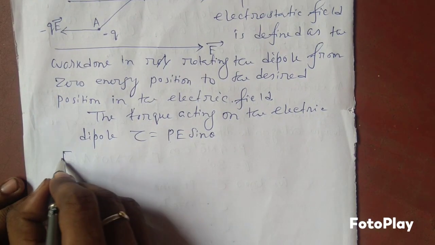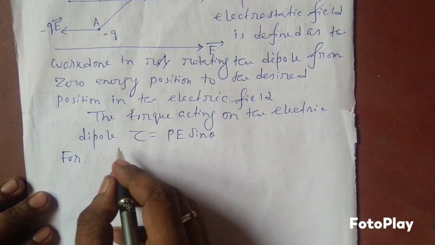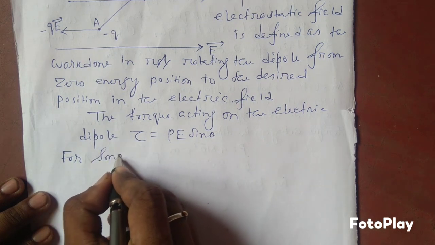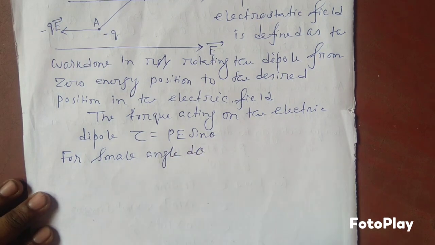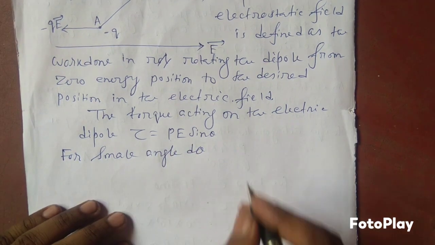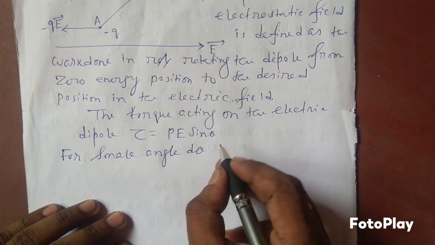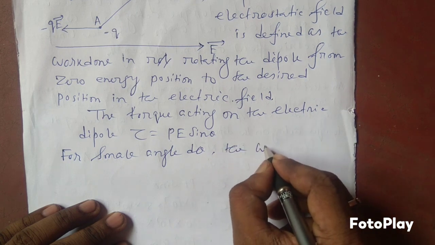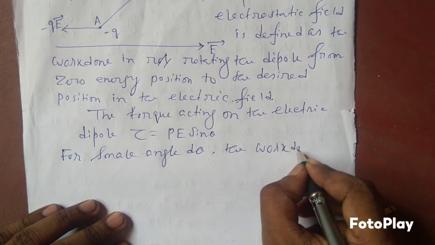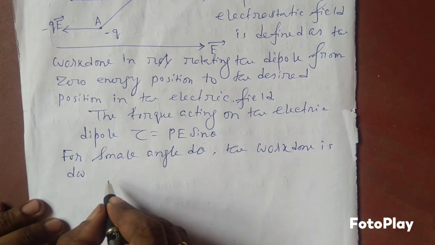For small angle d theta, the work done is dW.